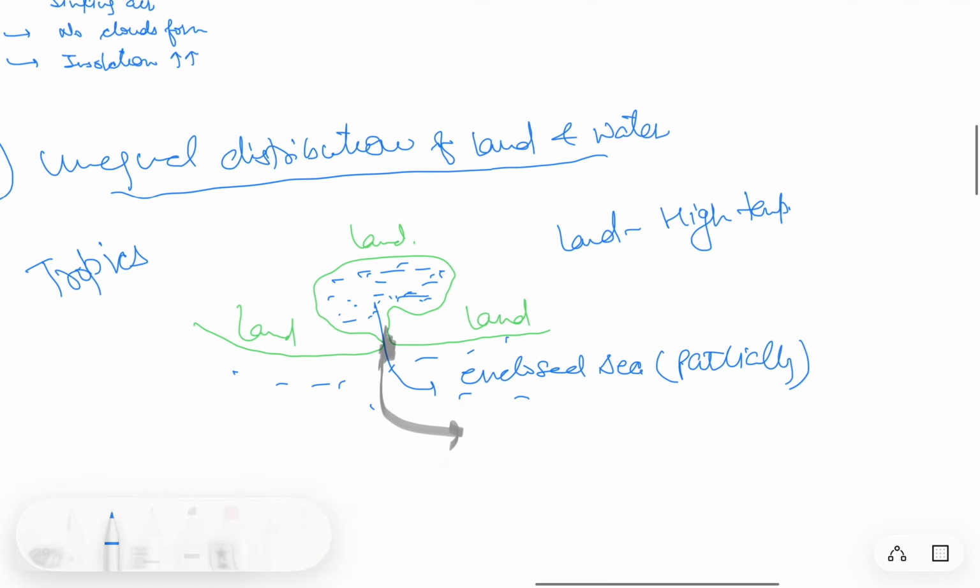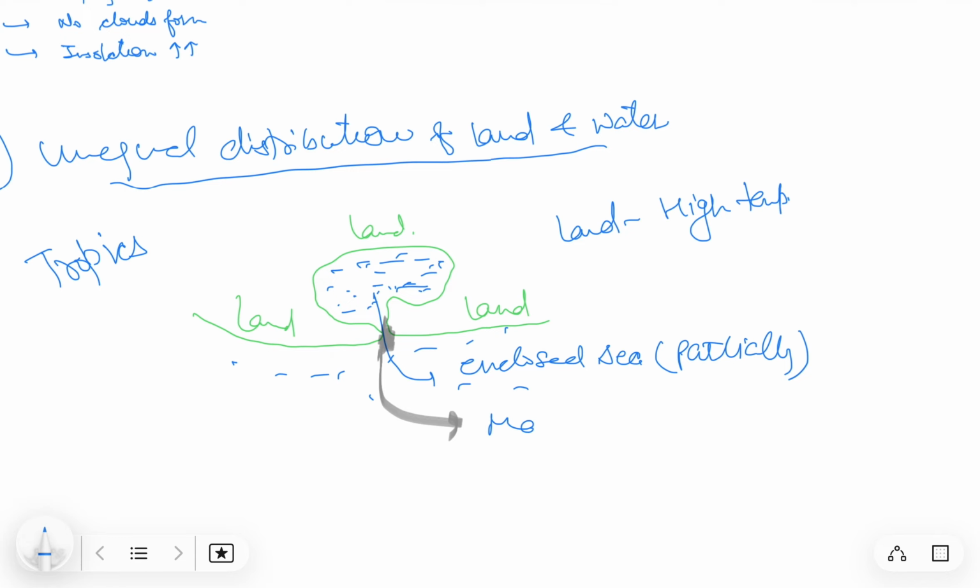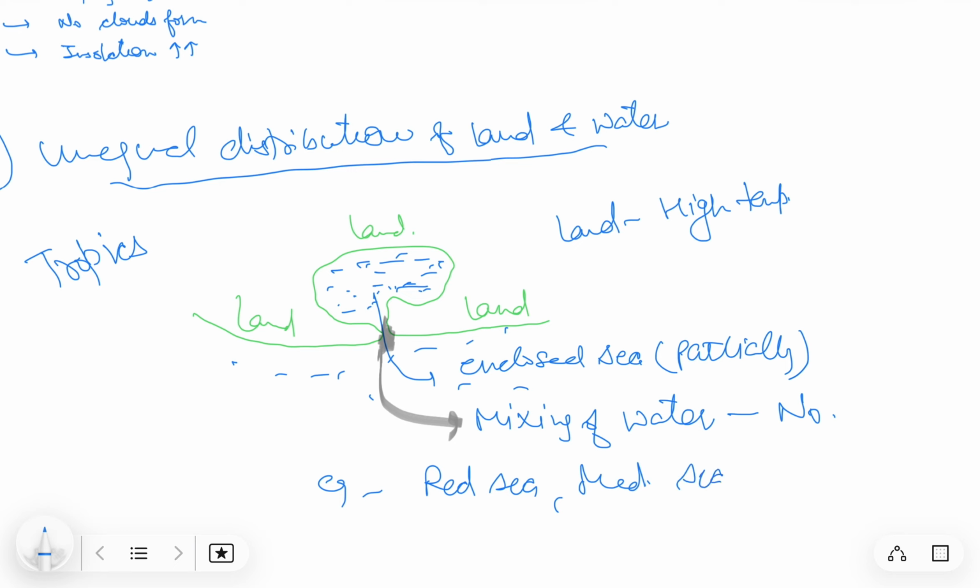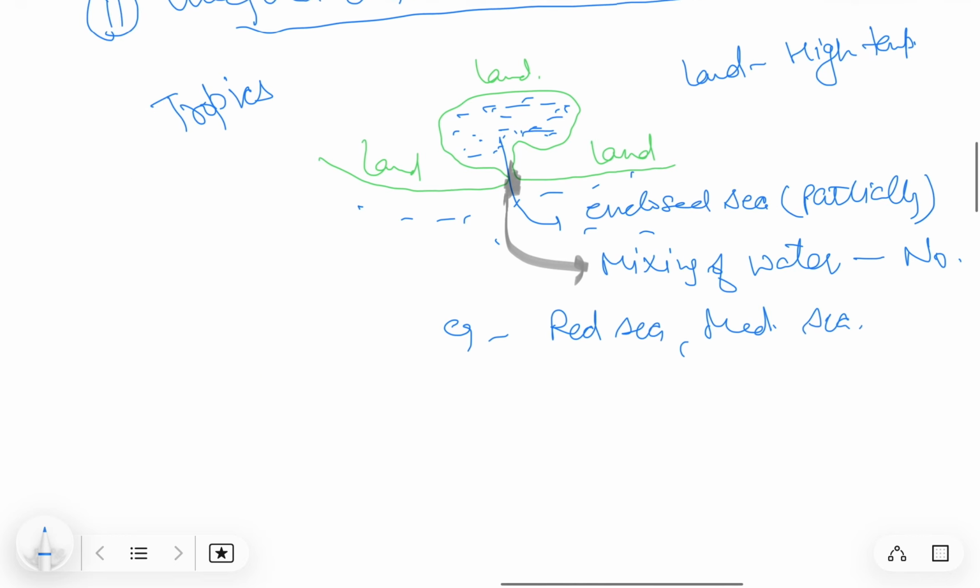If there is mixing, it will be slightly less. Examples of this are the Red Sea and the Mediterranean Sea. They are partially enclosed seas, so they will not get mixed up with the surrounding water.